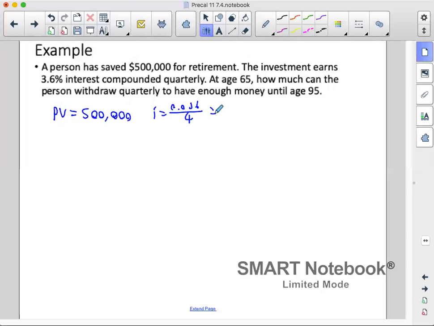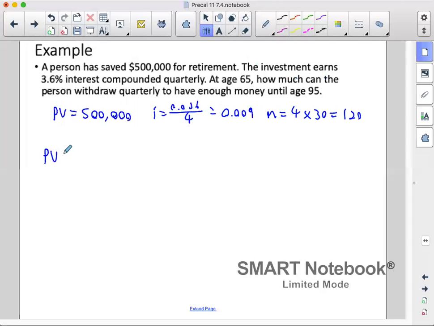So that's going to give us 0.009. Our N, because it's quarterly, would be 4 times, we're planning on taking out for 30 years. So N is 4 times 30, so 120. And they want to know how much they can withdraw each time. So we're going to solve for our R value.